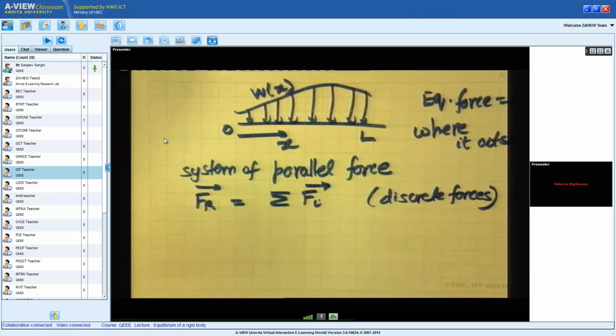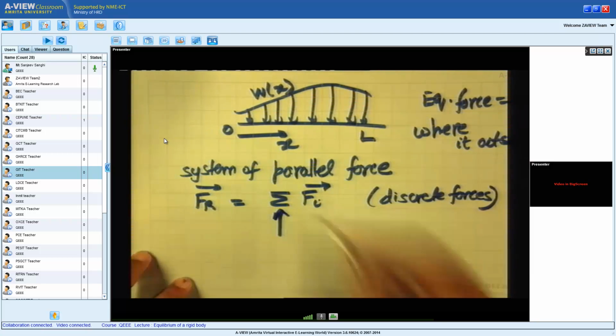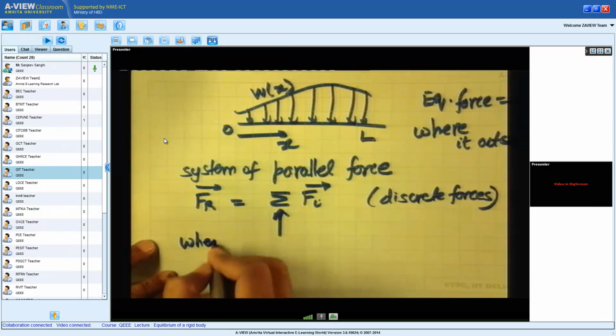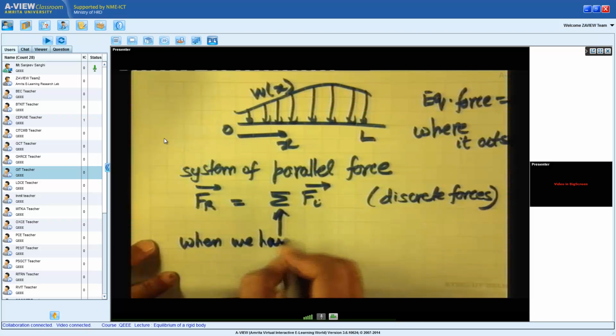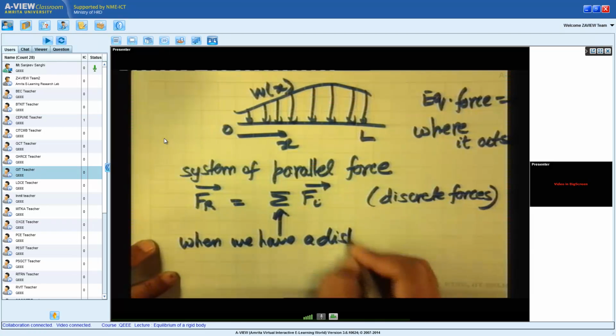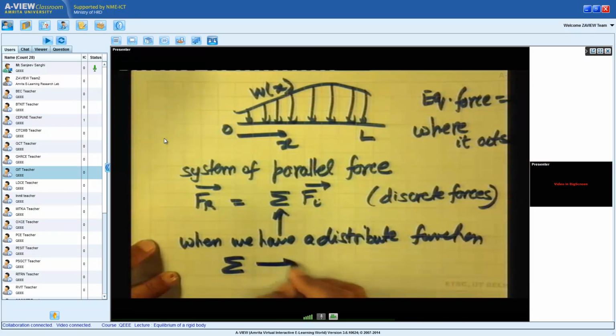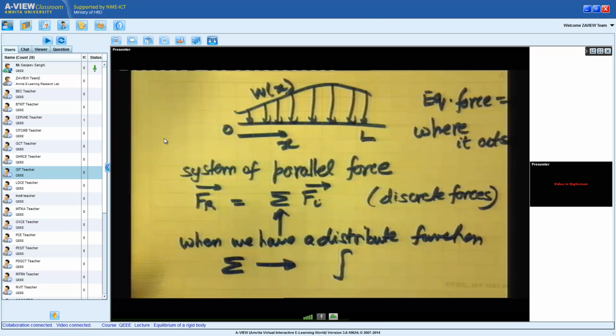How will this now modify for a distributed force? What will happen to the summation? From our knowledge of maths, we know that when we have a distributed function, let's not even call it a force, then the summation becomes the integration.